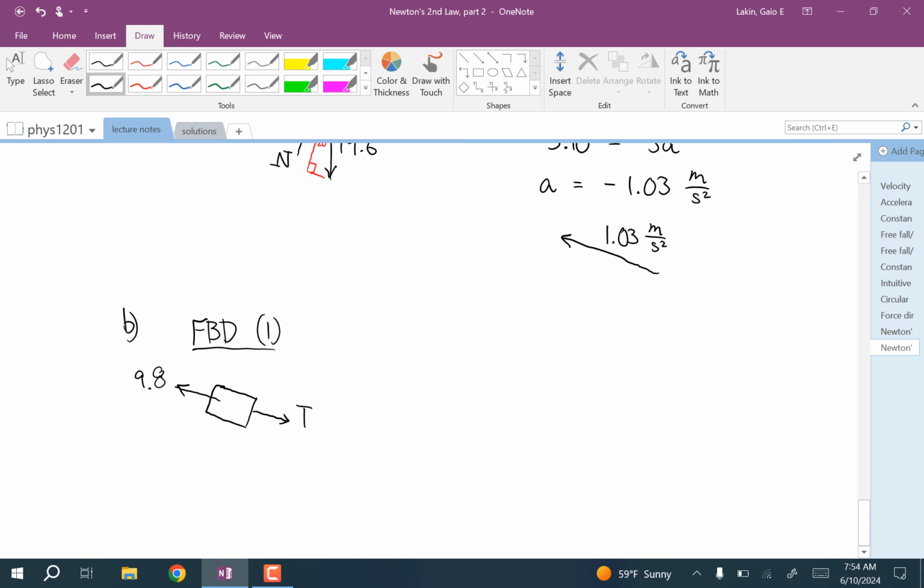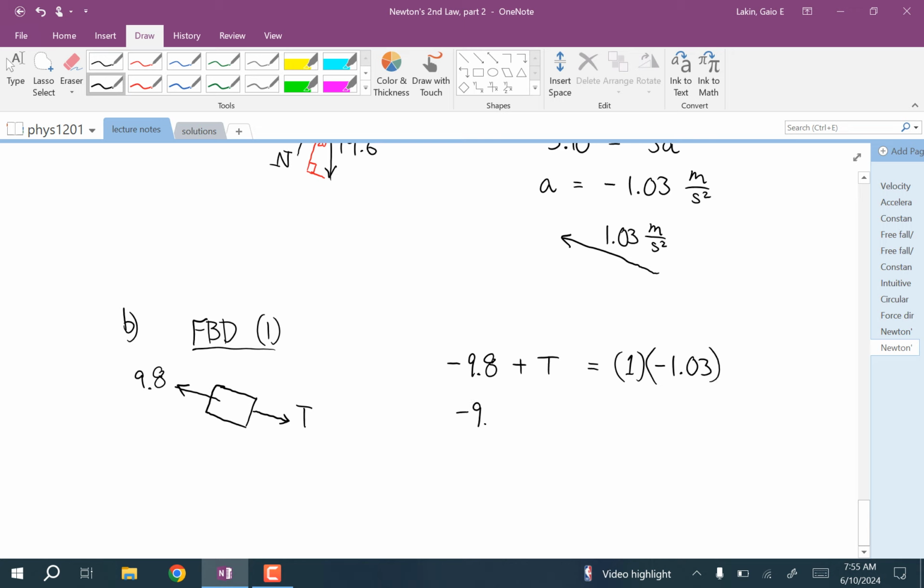So Newton's second law says negative 9.8 plus T is equal to the mass times the acceleration. And remember to use the correct sign in that acceleration, so negative 1.03.